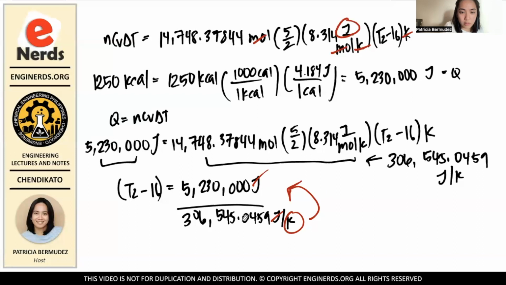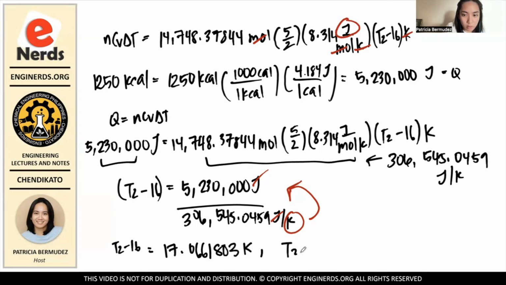So T2 minus 16 is equal to 5,230,000 divided by 306,545.0459, which is 17.066, sorry, 17.066 Kelvin.